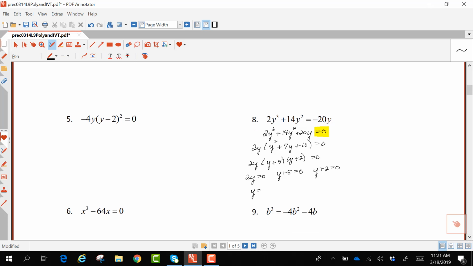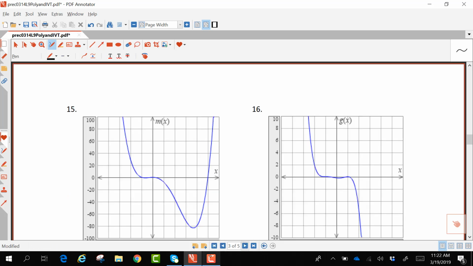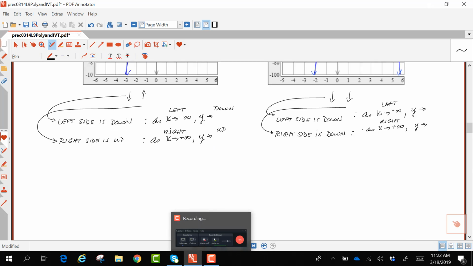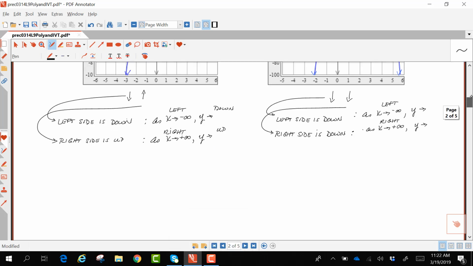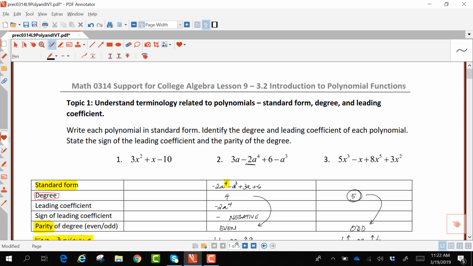We then solve and get 3 solutions. Those 3 solutions are y equaling 0, negative 5, and negative 2. The next page leads us into end behavior.